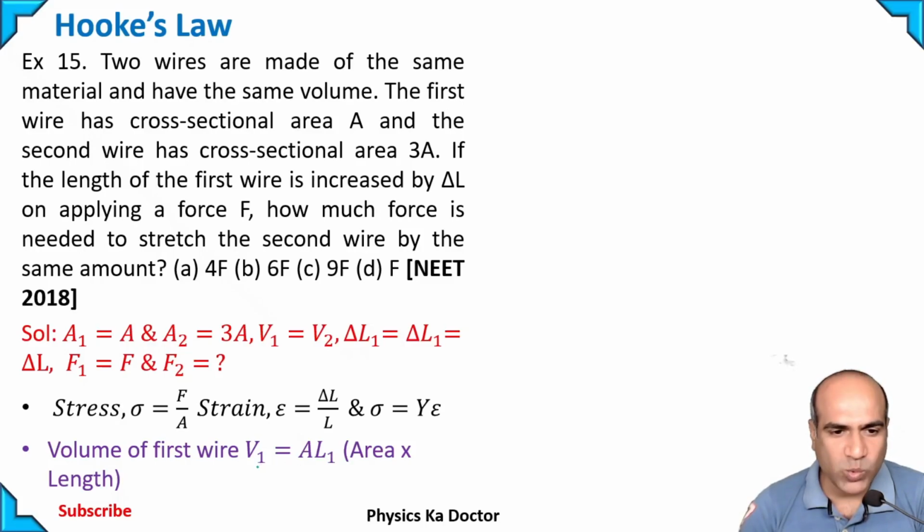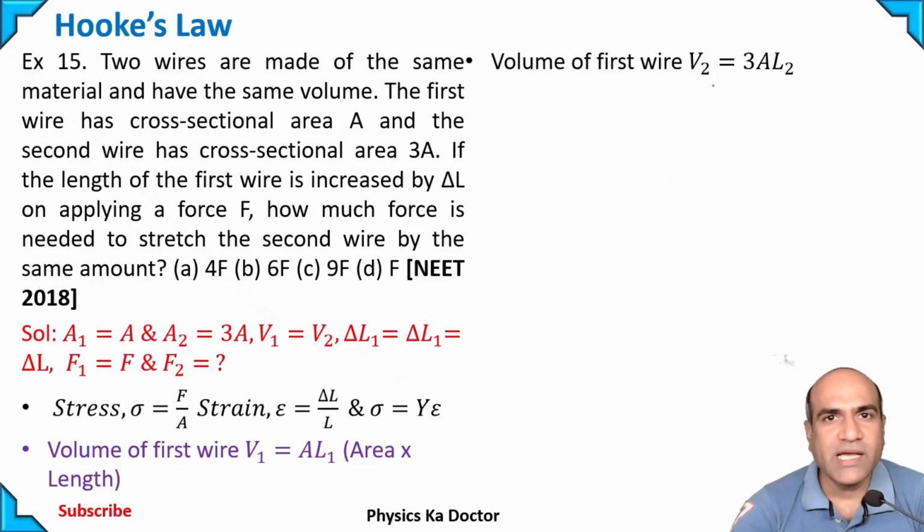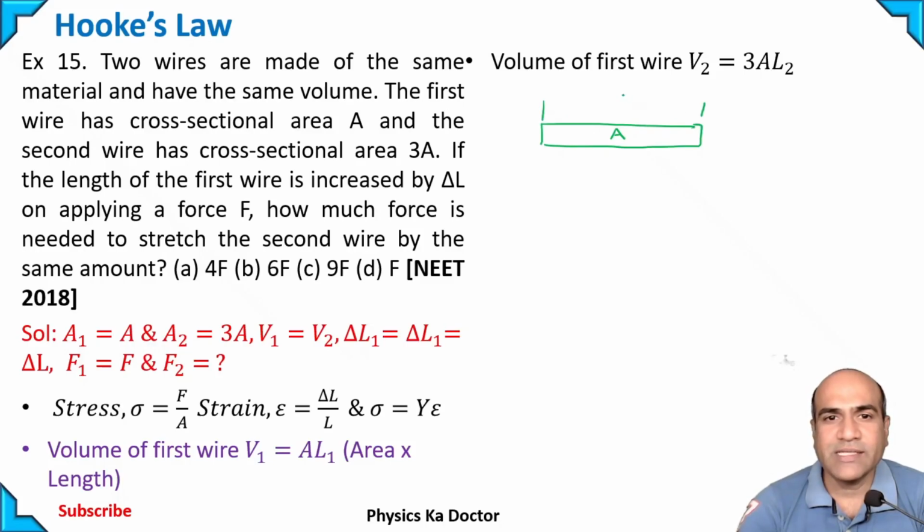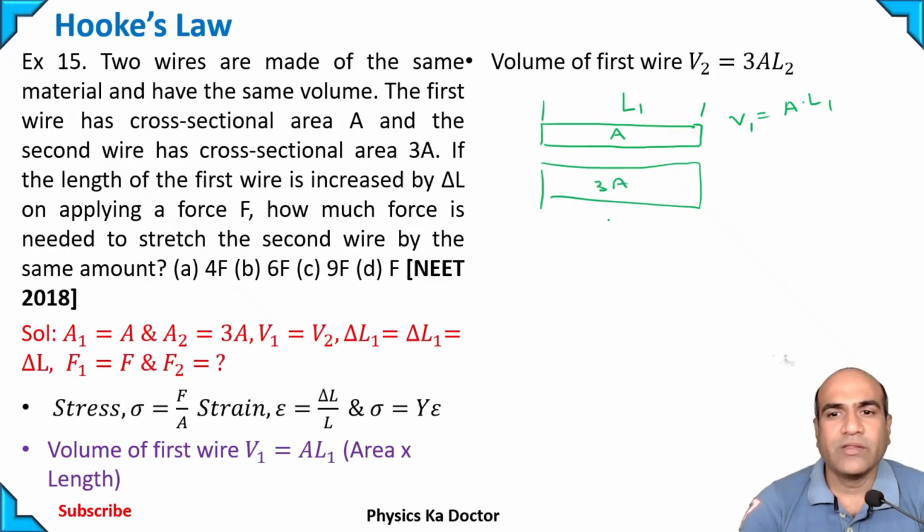The area of the first wire is A, and let us assume the length is L1. Similarly for the second wire, V2 is equal to area times L2. We know that volume is equal to area multiplied by length, so for the second wire the area is 3A, and V2 is 3A multiplied by L2. Of course L2 should be less than L1.